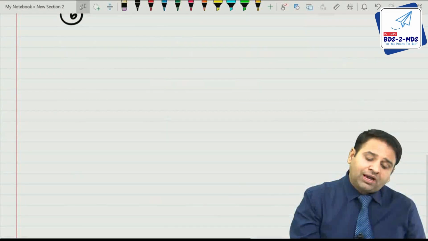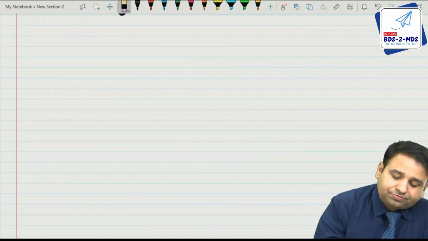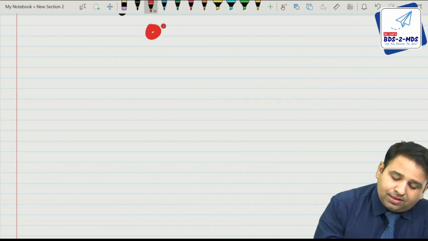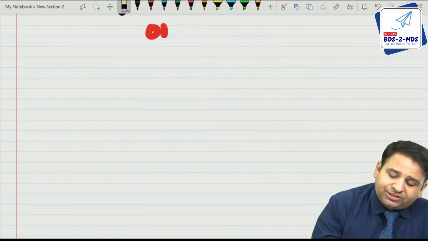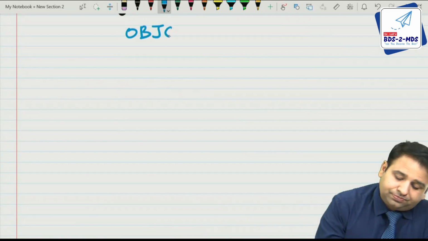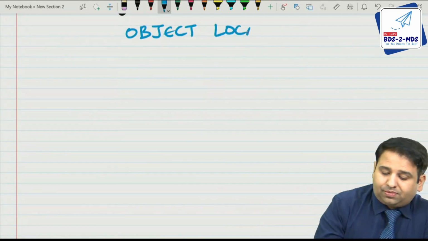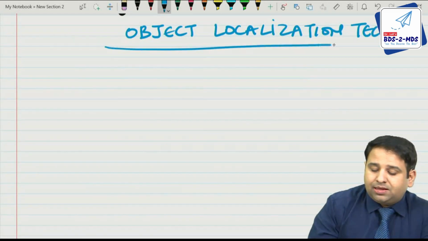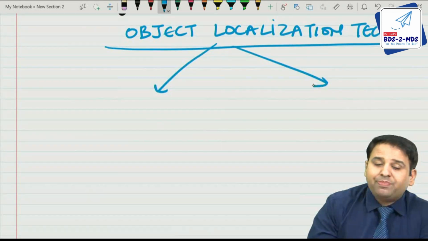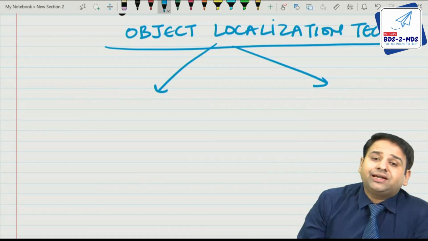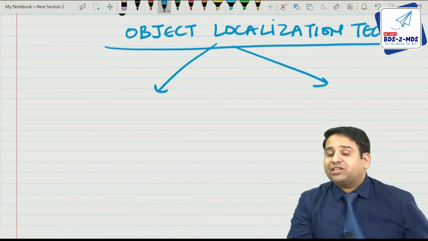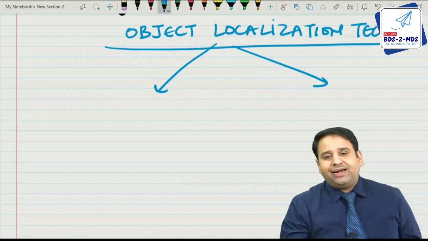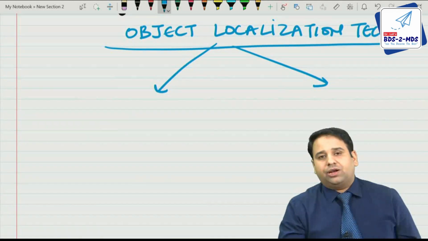Now let us see what these techniques are first of all. So let us see the object localization techniques. We have two main object localization techniques. I repeat, we are talking about conventional radiography because in 3D imaging like CBCT, it is easy to localize, right?